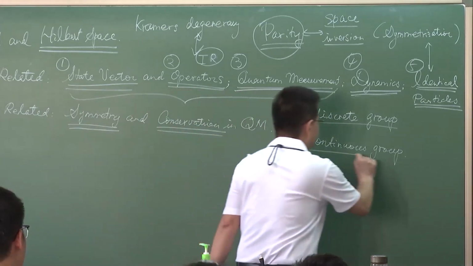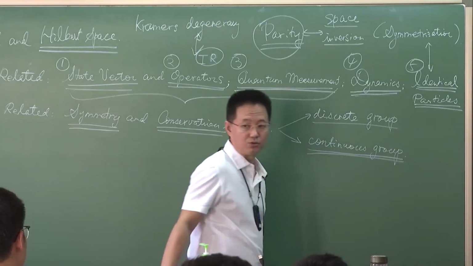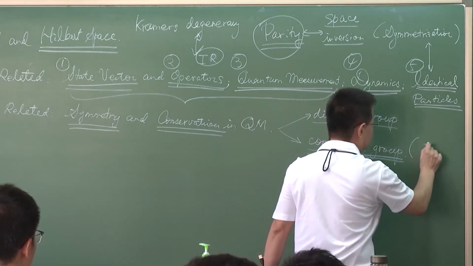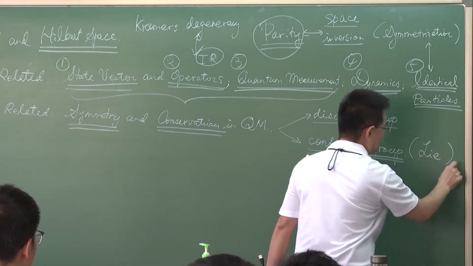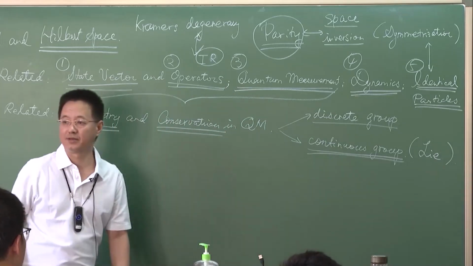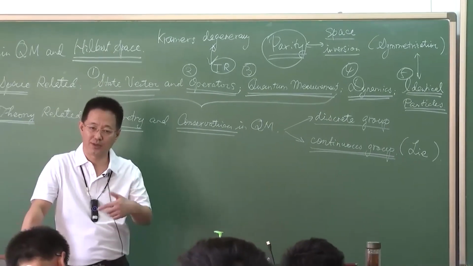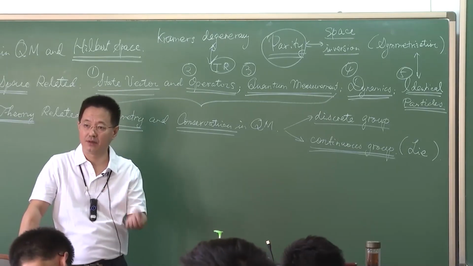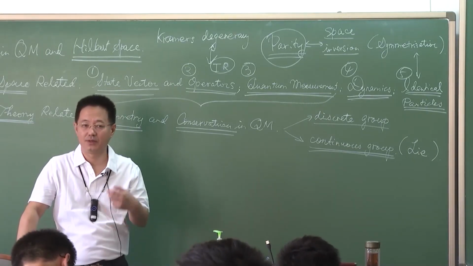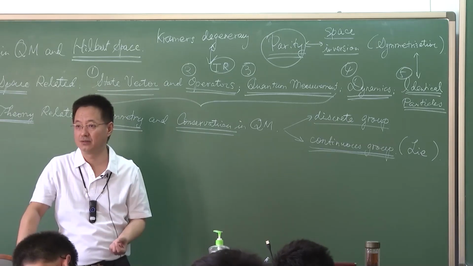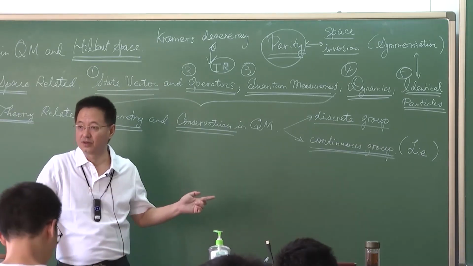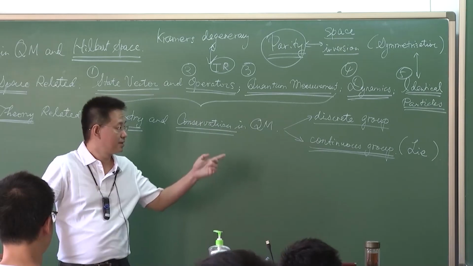We are more interested in the continuous group, and it is called the Lie group. The Lie group is a continuous group. We have the space translation, we have the time translation, we have the space rotation. They are all continuous. So they are Lie groups.